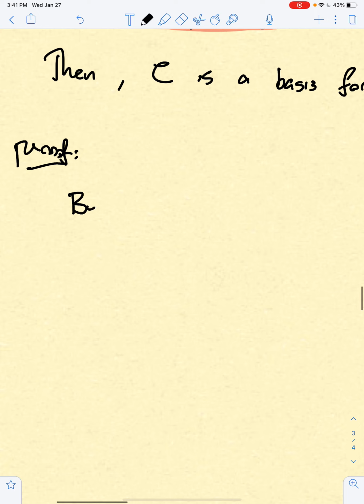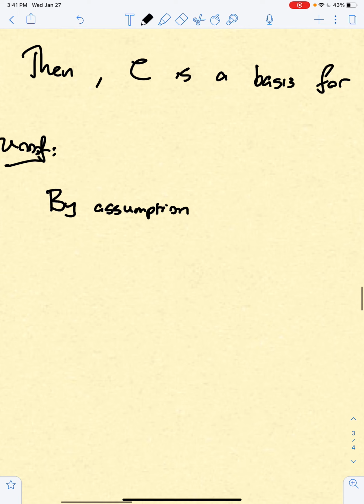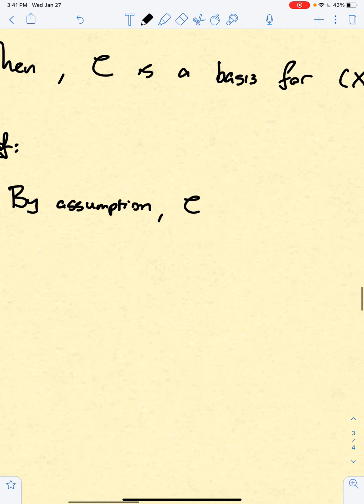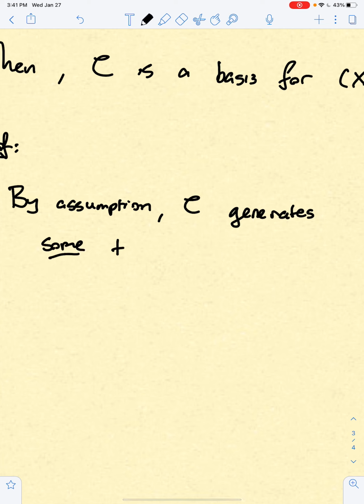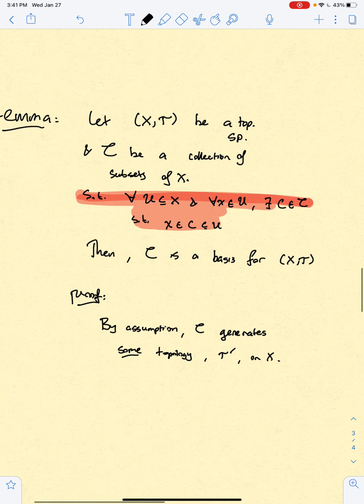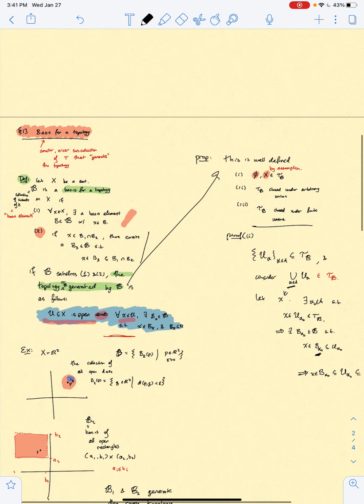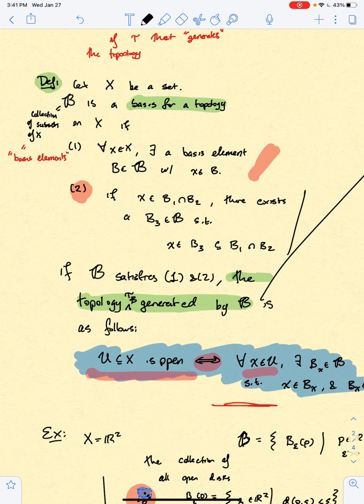Almost by assumption, C is a basis for a topology on the set X. So it generates some topology, maybe call it tau prime, on the set X. Remember before, for our definition of basis, X was just some set, and B was just some collection of subsets.